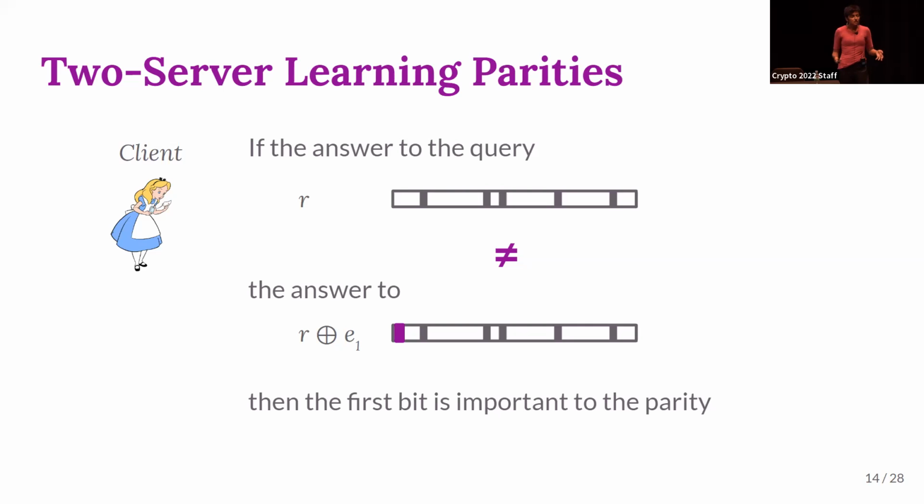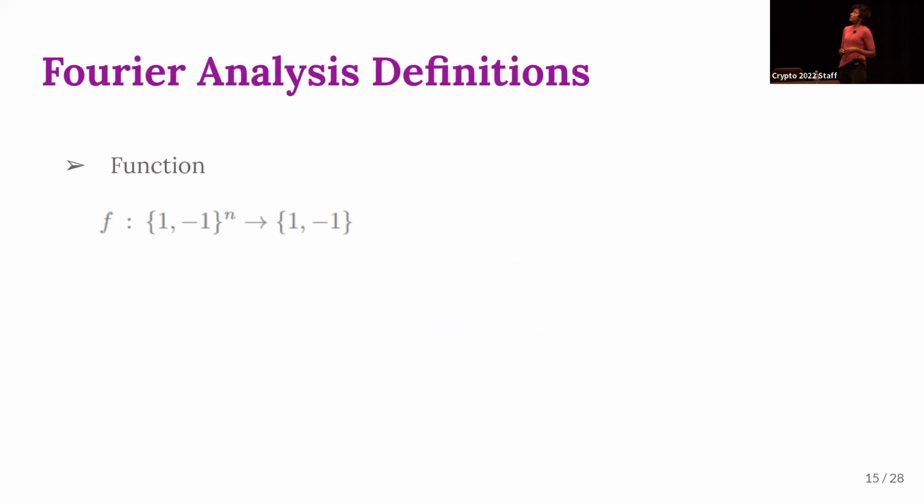In order to do this, I'll first introduce some Fourier analysis definitions. If we're considering functions that operate from {1, -1}^n to {1, -1}, then we'll define a Fourier basis, which is exactly these parity functions that we mentioned earlier.